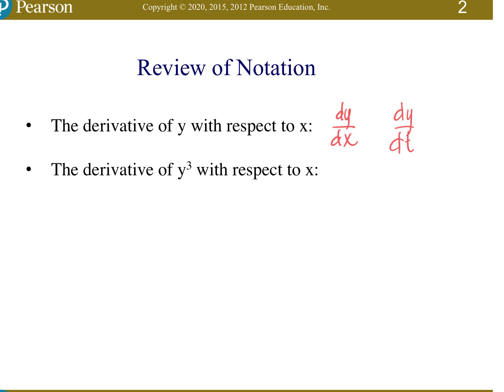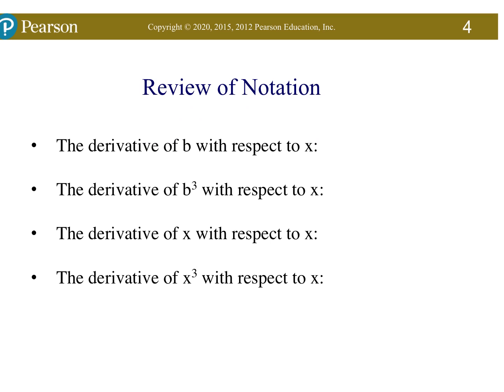The derivative of y cubed with respect to x. Okay, we have learned that the derivative of y cubed with respect to x is 3y squared. We've learned that, okay? All right, now, next slide. Okay, so any variable now, the derivative of b with respect to x, we write db dx. Okay, the derivative of b, it's not 1.